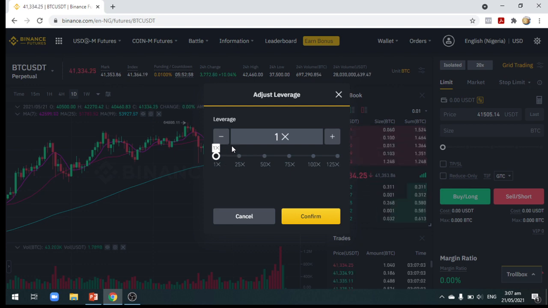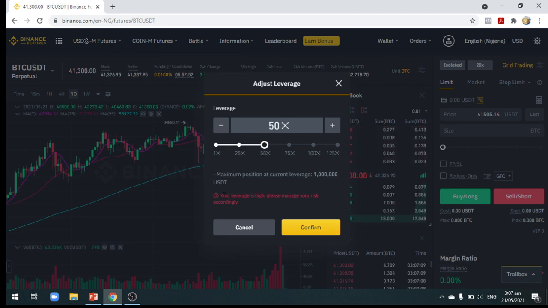So the higher the leverage that you use, the more the risk. And that's why you see a warning here: your leverage is high. Please manage your risk accordingly. Now, the higher the leverage, the higher the risk. Why is it so? This is because the higher the leverage, the lower the amount of price change that is required to liquidate that particular position.